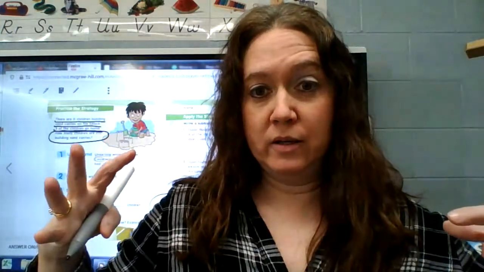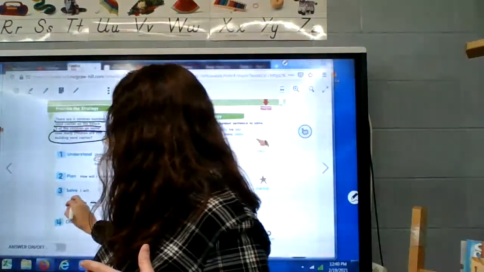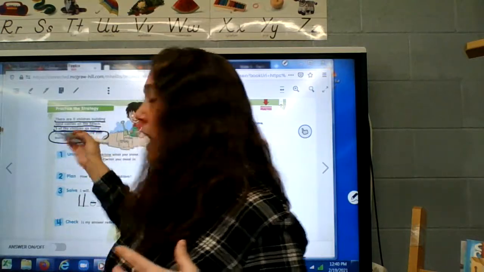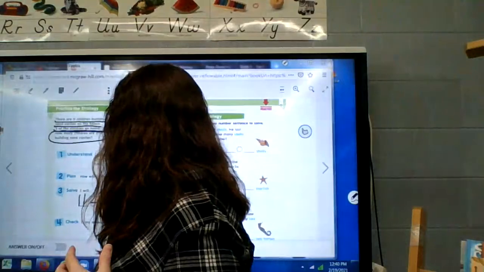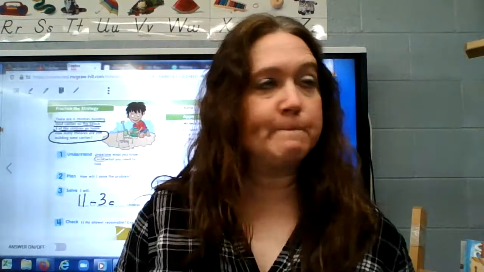The number that goes first is the number of what they started with. And they started with how many children? 11. 11 children were at the beginning. How many went home? 3 of them went home. So how many would be left?